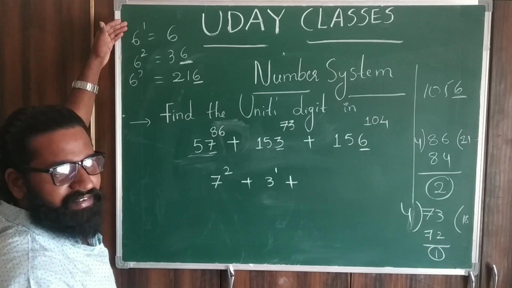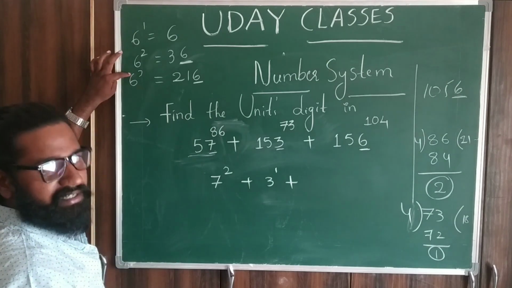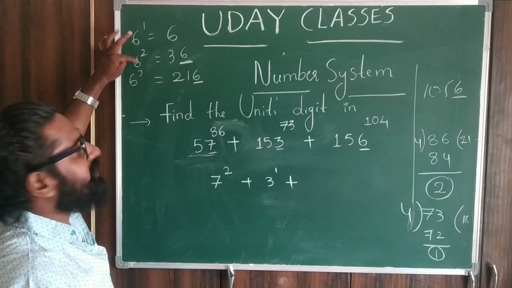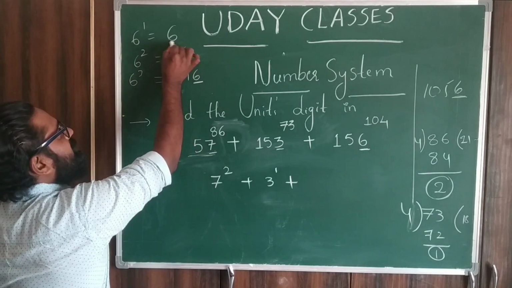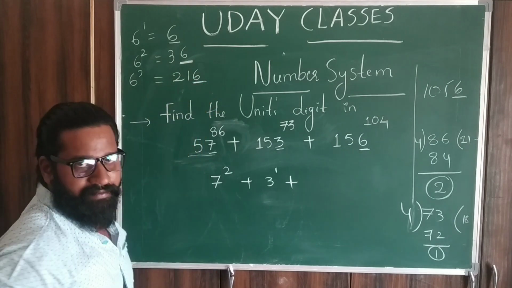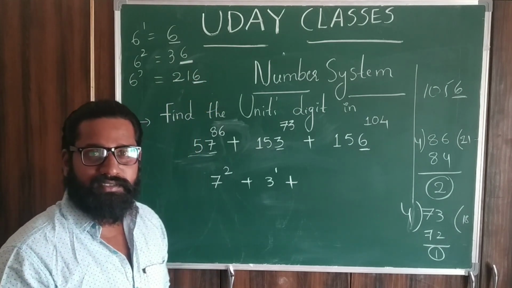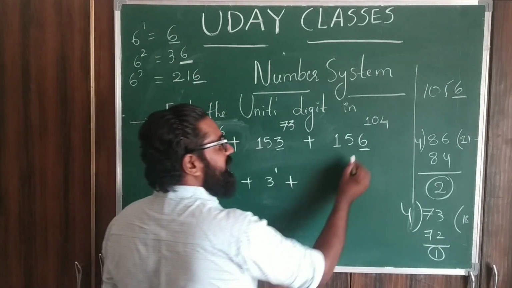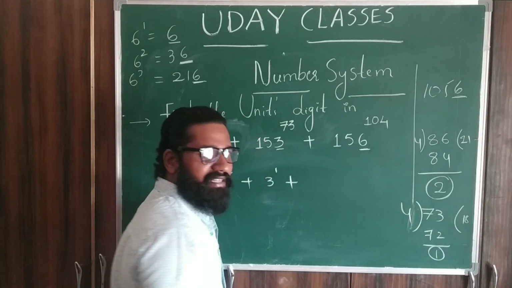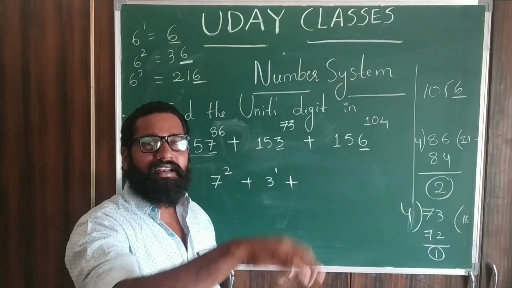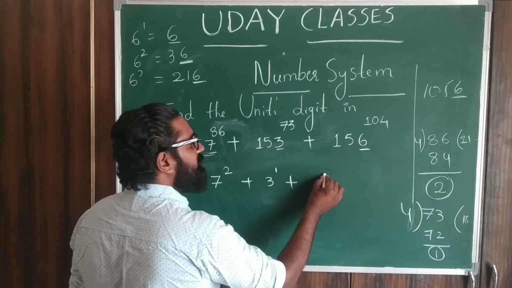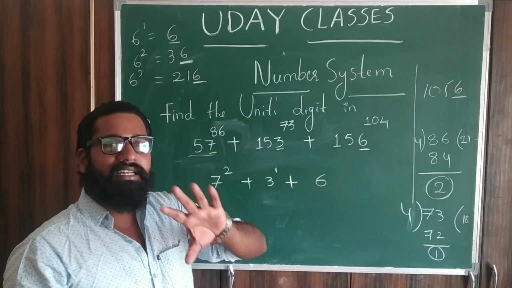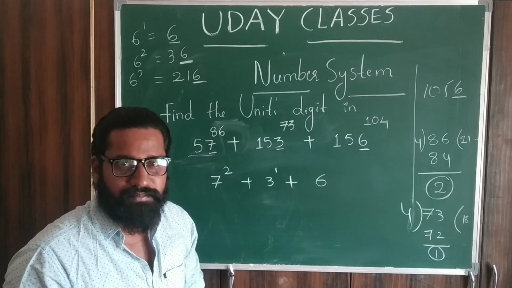If you observe the sequence here, 6 power anything, 6 power even number, 6 power odd number, any power you can take, always last digit is 6 you are getting. That is the simple logic. So that is why here 6 power whatever may be the number, it is 104, 105, 100, 1000, whatever it is, but last digit always should be 6. Very very simple concept.